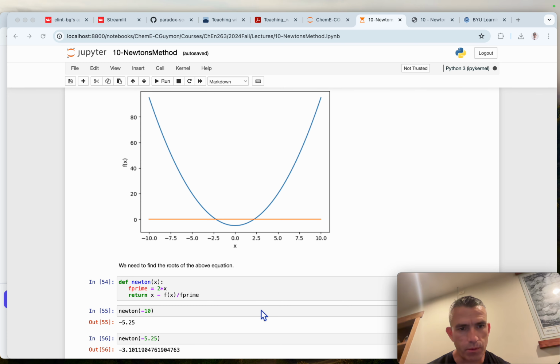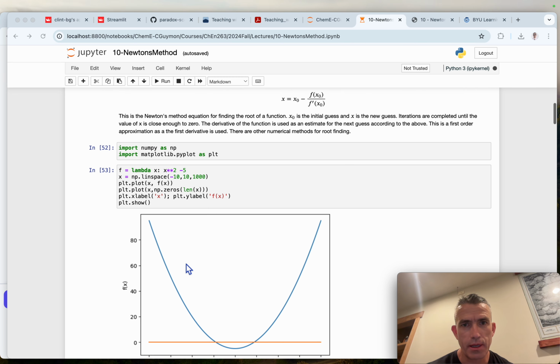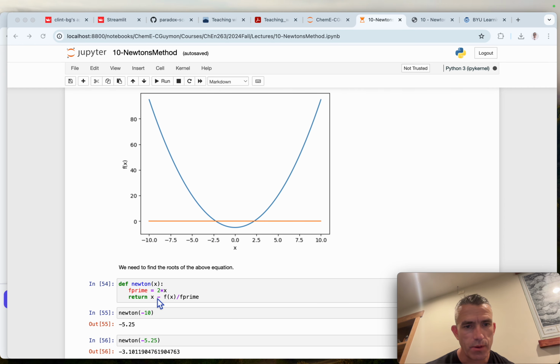So we're just going to set a function that's called Newton, and we're going to plug in this equation, that function. So you have to know the derivative of the function, and of course the function itself, and you just loop through this over and over until you get closer and closer to 0, where that solution would be.